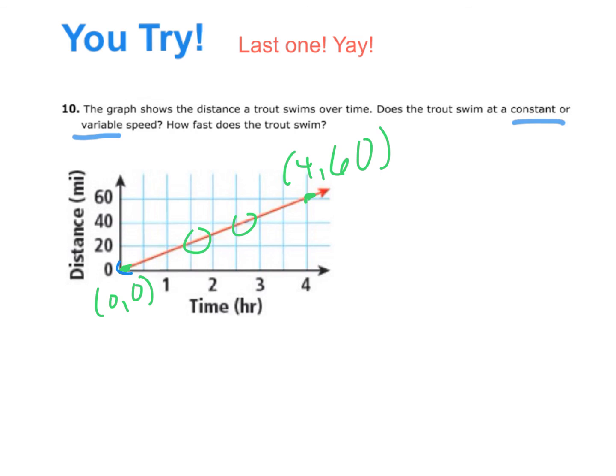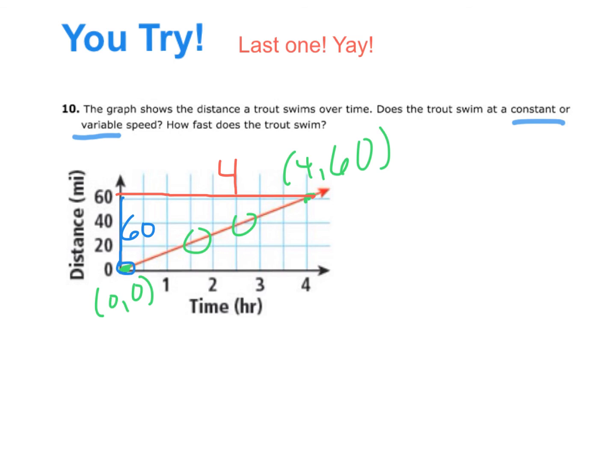So if I use this as my starting point, how far did I go up to get to 4, 60? 20, 40, 60. And how far did I go over to get there? 1, 2, 3, 4. So 60 was my rise and 4 was my run.